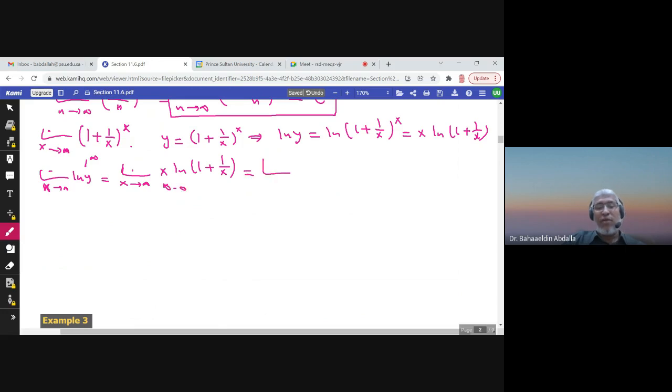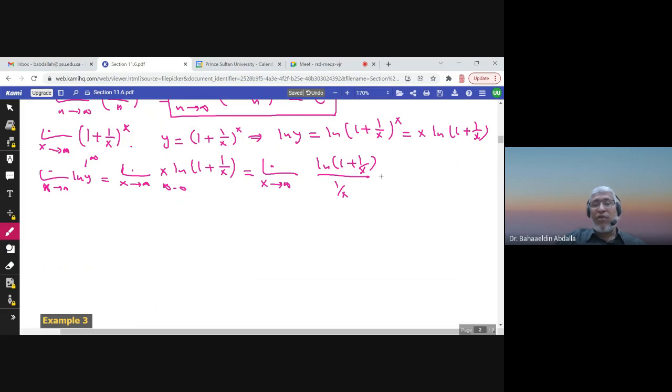And infinity times 0, L'Hopital's rule. You can find in the playlist of Calculus 1 the indeterminate form infinity times 0: you have to bring one of the functions down. So if we take x below and write it as 1 over x here, now if I replace x by infinity, I'll have 0 over 0.